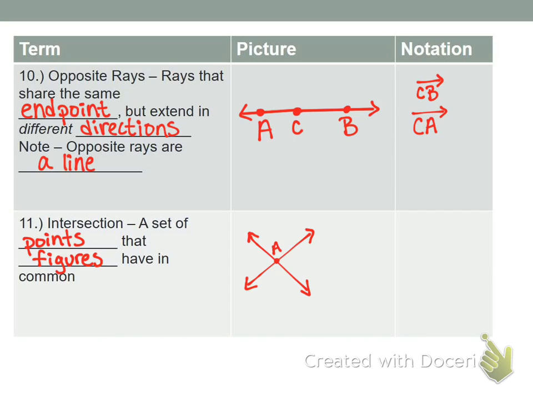What is much harder to draw would be the intersection of two planes. The intersection of two planes is going to be a line. I'll try to roughly draw this. If you can't copy this down, it's fine. You will see this in your book also. Let's make the other one kind of go in this way.